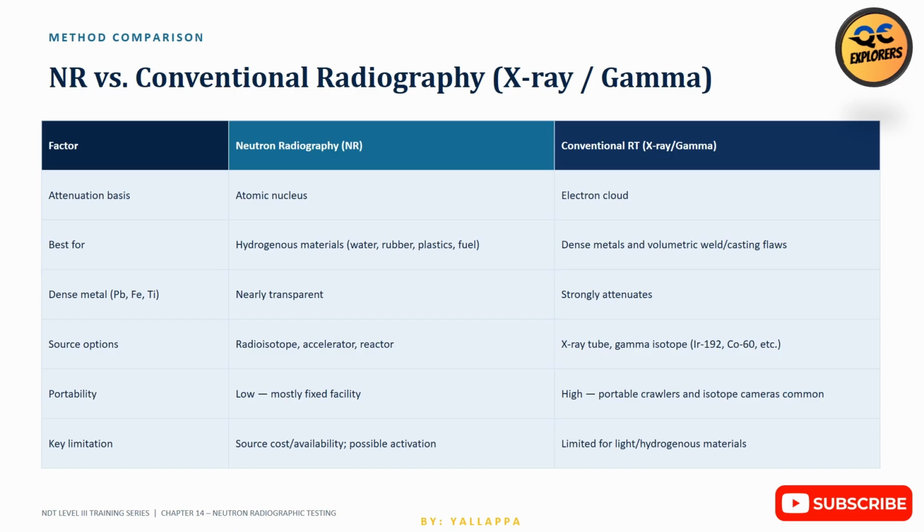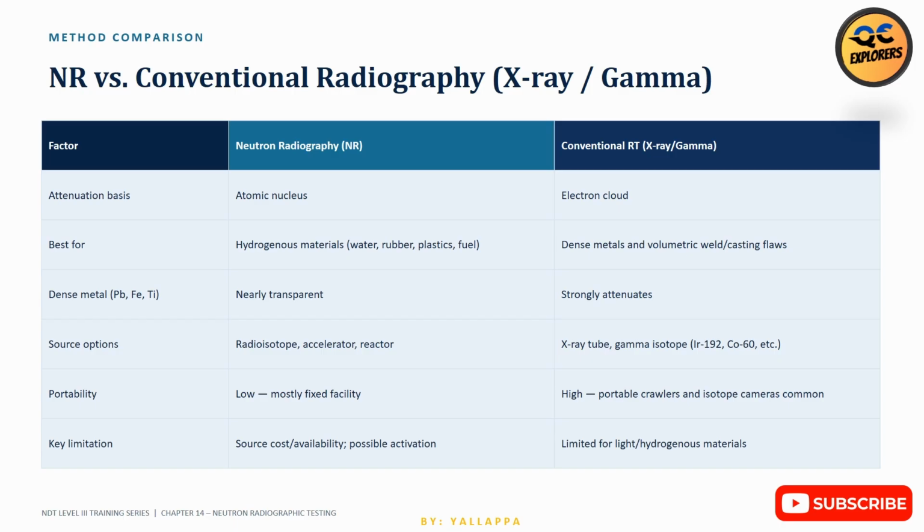This comparison is extremely important because, as an NDT professional, one of your responsibilities is selecting the most appropriate inspection method for a particular application. Understanding the strengths and limitations of each technique allows you to make technically sound and cost-effective inspection decisions.